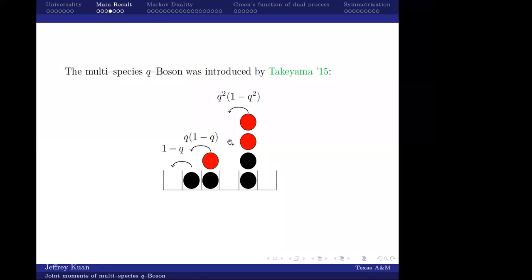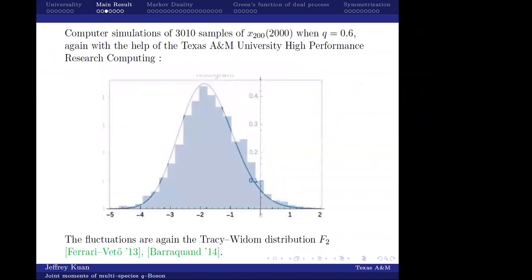Sorry, can I ask a small question about the previous slide? Yeah, go ahead. So I understand what's going on. What is the distribution? What does it mean when you have x of 200 of 2000? Oh yeah, that's a good question. So you look at x of 200 divided by 2000, and then you subtract the law of large numbers, c1 minus t, and then you divide by another constant times t to the 1/3.